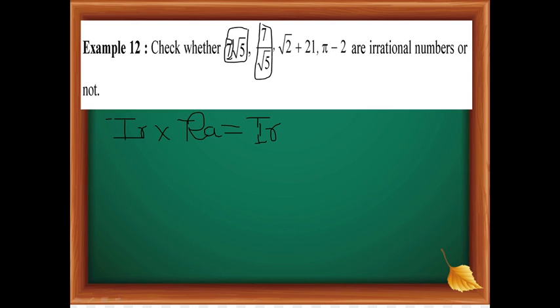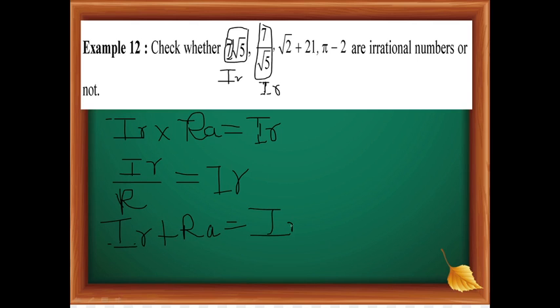7 by root 5, again the same. The quotient of a rational and irrational number is also an irrational number. Here, this is also an irrational number. Then root 2 plus 21. The sum of an irrational number and a rational number is always an irrational number.